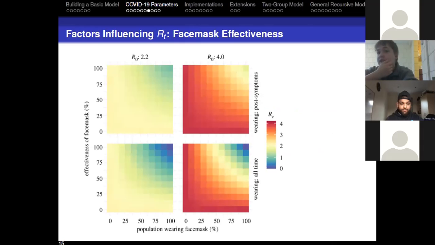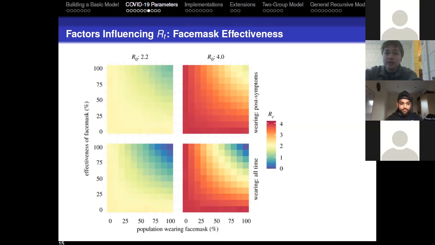And this is split up into whether we think that R naught for COVID is 2.2 versus 4.0, and it also shows the difference between wearing the mask all the time and wearing it only post symptoms.